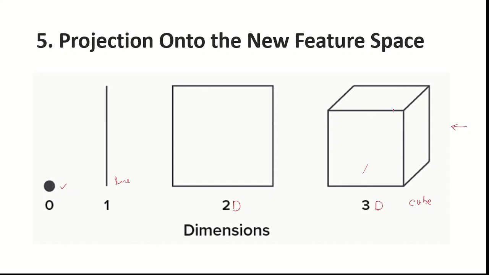So you can see that when you project from 3D to 2D, you lose some kind of information. Suppose you are projecting in this direction, you will get this measurement and this measurement, so that has been projected over here. But you will lose this height information.